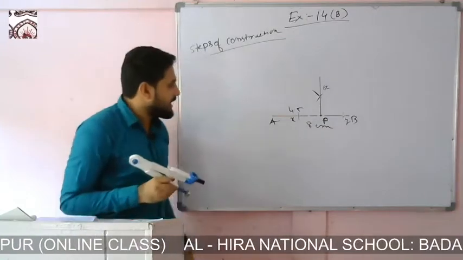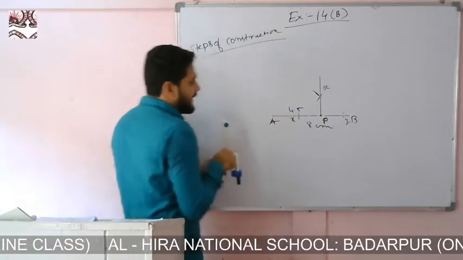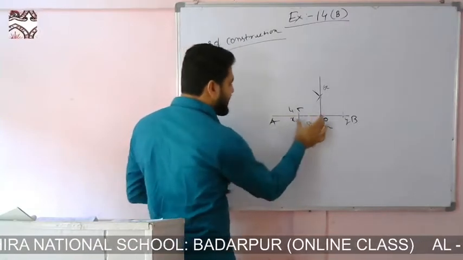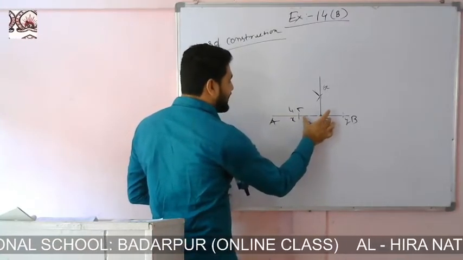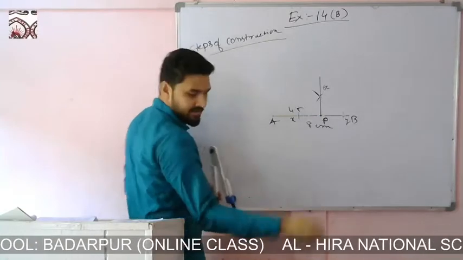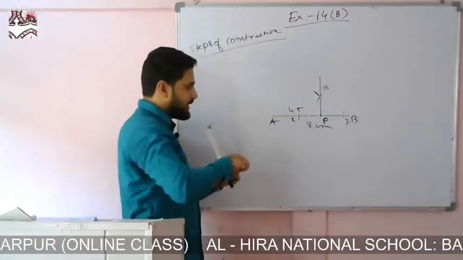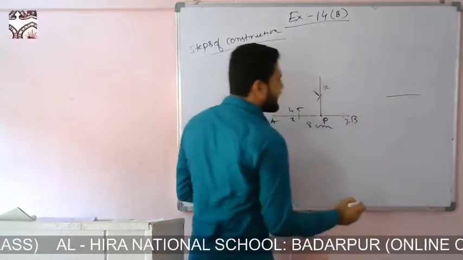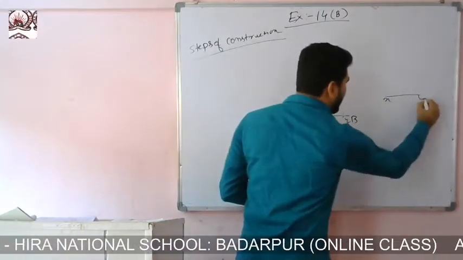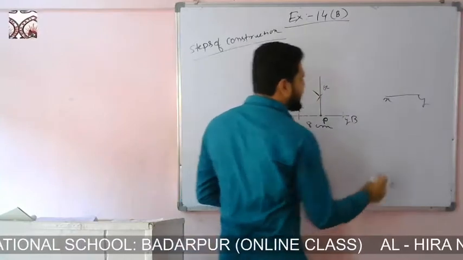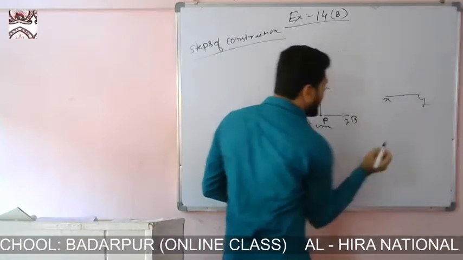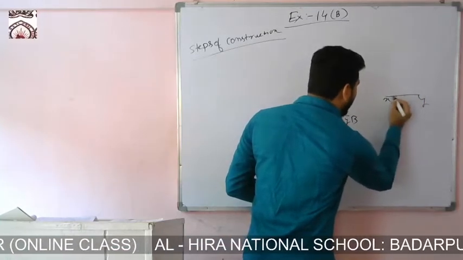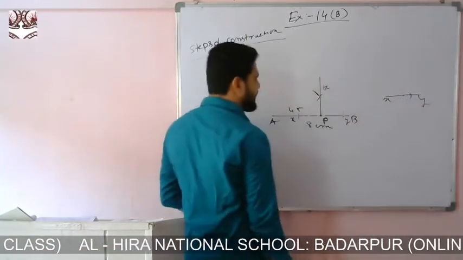Now after that you take a radius, or a distance, which is more than half of XY. Suppose this is XY. You always have to take a distance more than half of XY.